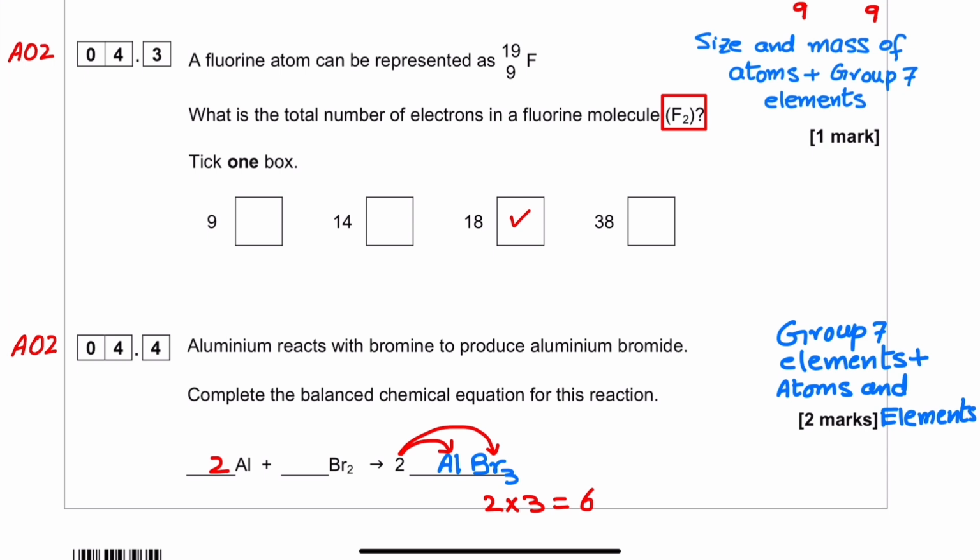Whereas on the left side, the bromine is only 2. To make 6, we're going to multiply with 3. Now we count on both sides: 2 aluminium, and 6 bromine, 2 times 3, 6 bromine on the right side.